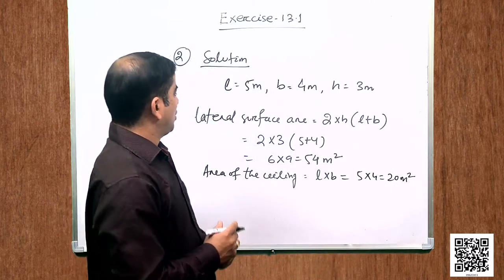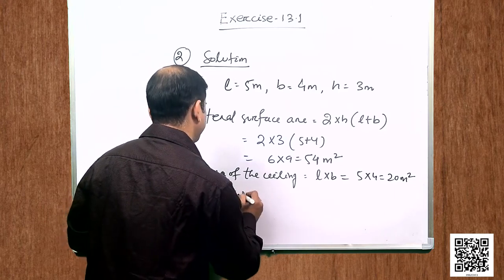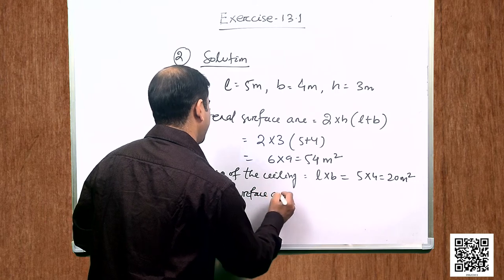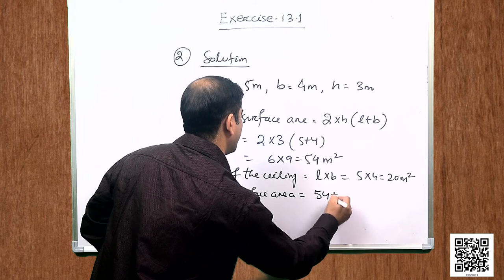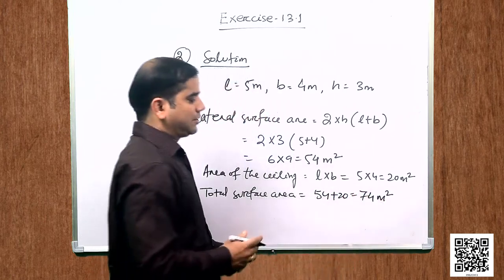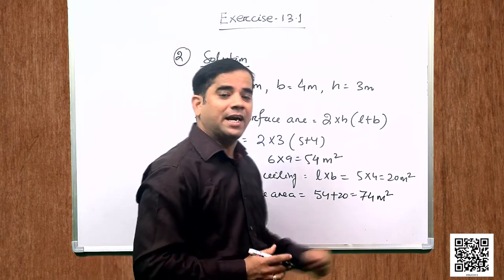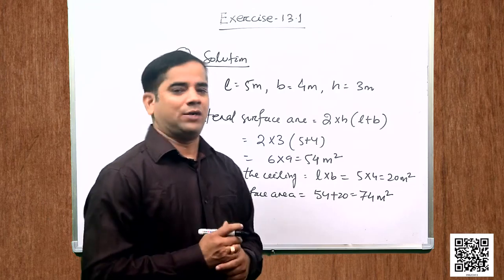So the total surface area is equal to 54 plus 20, that is 74 meter square. So this is the surface area of the room which is to be whitewashed.